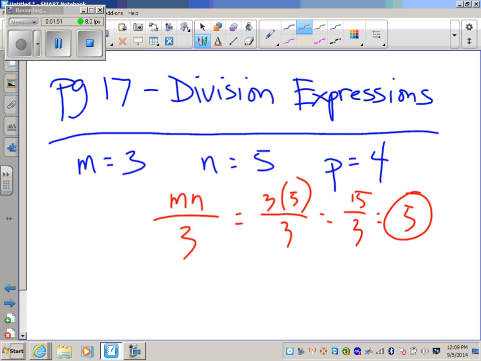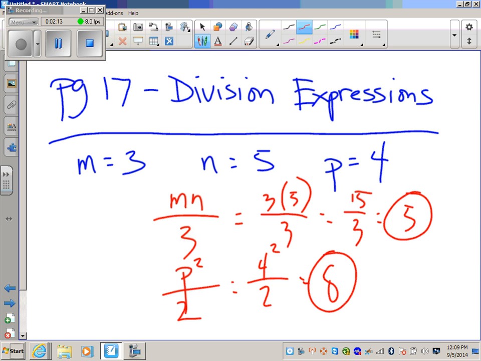Right, 15 over 3, 5. And then, if I said p squared over 2, knowing that p is 4, 4 squared, 16, right? 4 times 4 over 2 is 8.